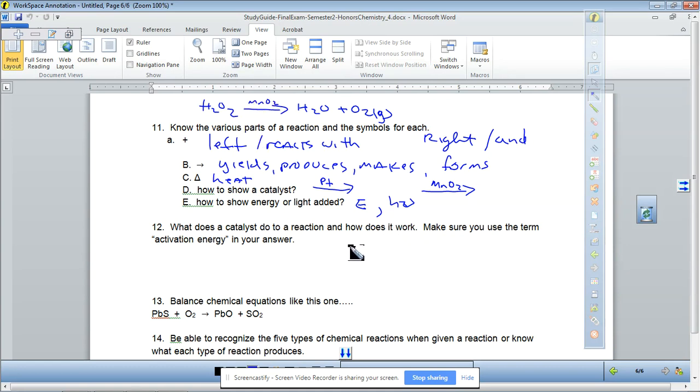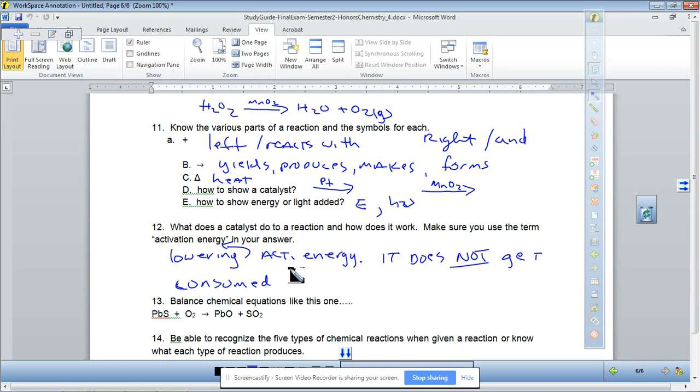It works by lowering the activation energy. And it does not get consumed in the reaction. So that's why the black powder, you didn't have to keep adding it because you could reuse it.